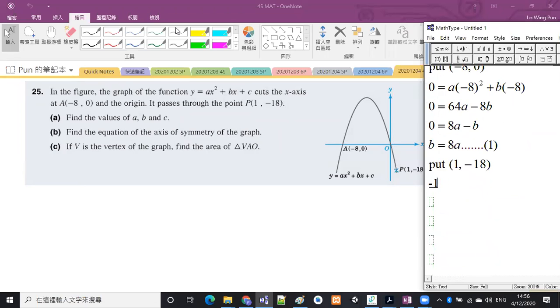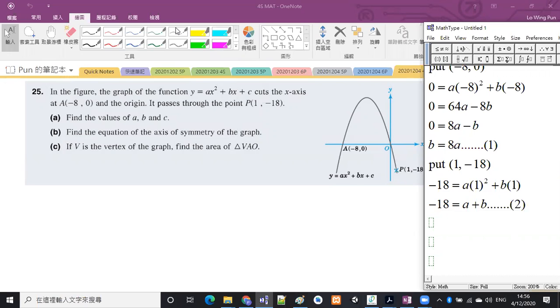So -18 is equal to ax squared plus bx. Okay, and this is -18 equals a plus b, and then we call this equation 2.